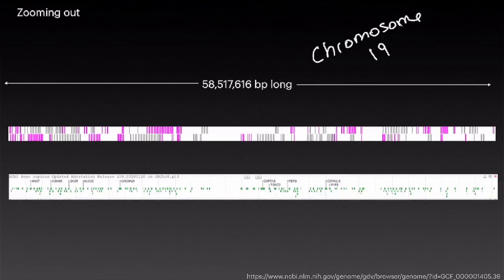If we look at a true image, the image on the bottom is taken from NCBI, which is a genomics research repository. This is a real image of the genes that are really on your chromosome 19. I've given you the website down at the bottom. Please feel free to go and play and explore if you are at all interested.